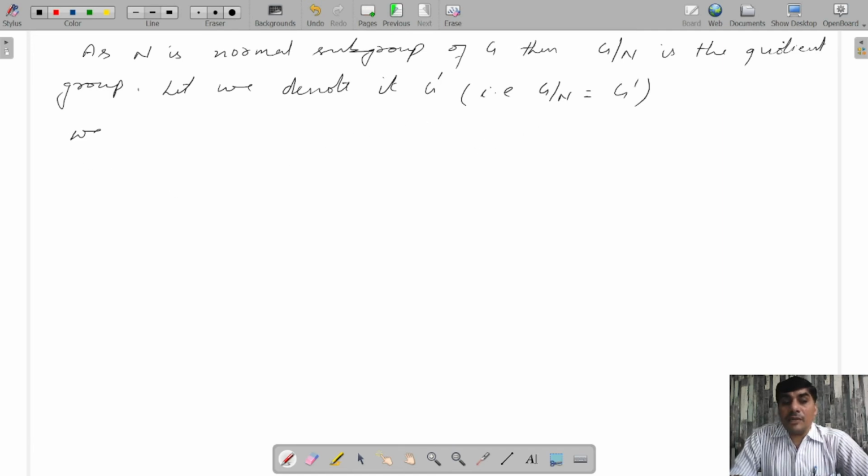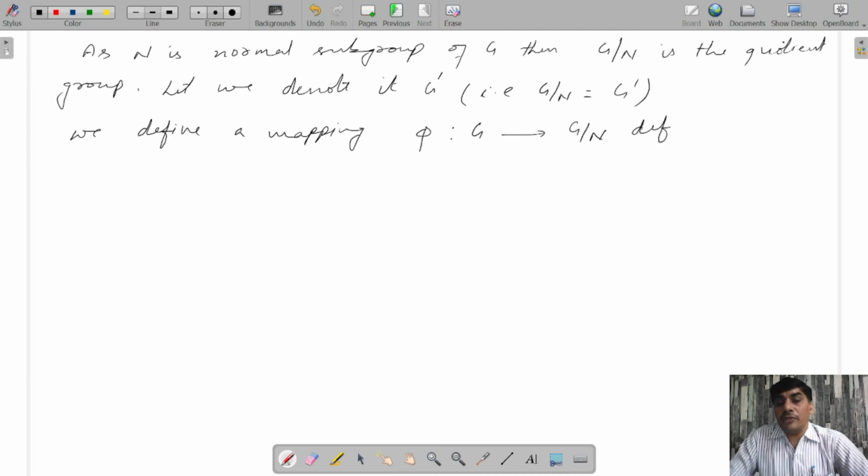We define a mapping phi from G to G by N, defined as phi of x is equal to Nx. We prove that phi is well defined.